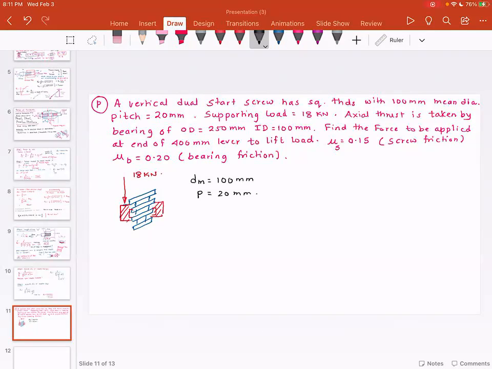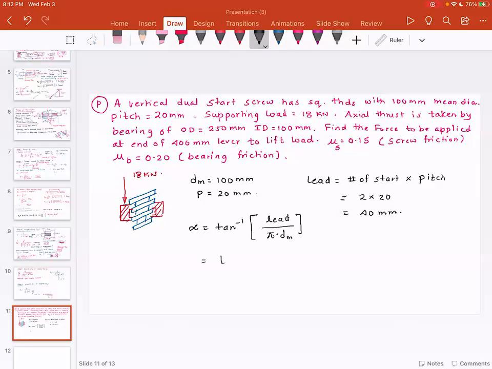So this allows me to calculate the helix angle. Please note, lead is equal to number of starts multiplied by the pitch. So 2 times 20, the lead of the screw is 40. Now alpha is equal to tan inverse of lead over pi times dm.